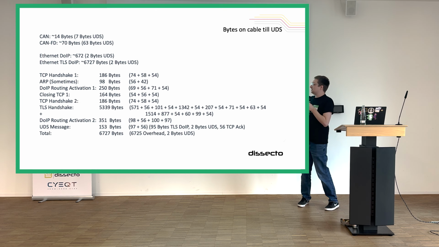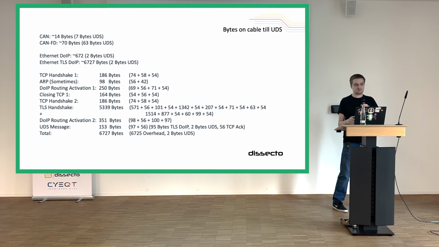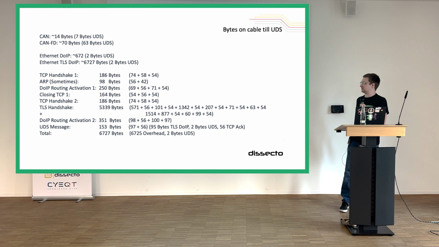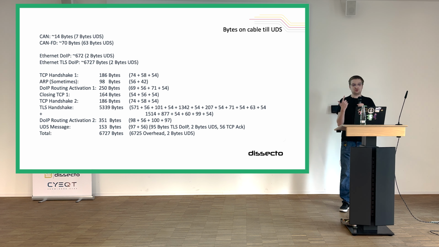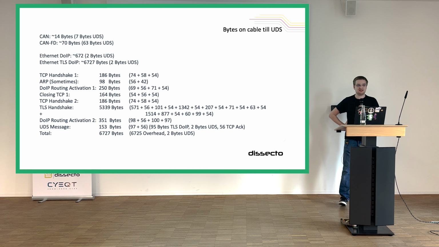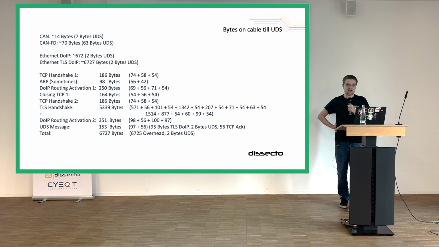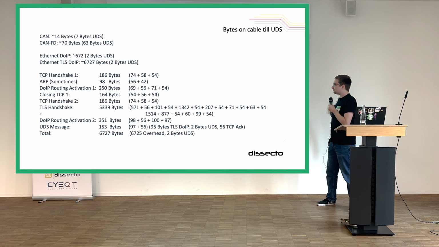But we basically have the same overhead as CAN, so we can send a lot of UDS bytes. Now let's take the case we want just to send 2 UDS bytes. For Ethernet, we need 672. So 670 bytes overhead just to speak unencrypted, no security to the ECU.